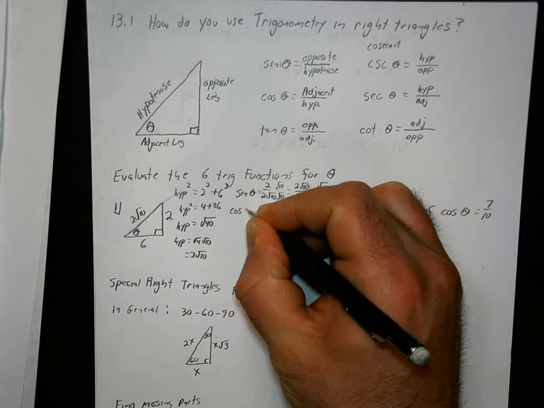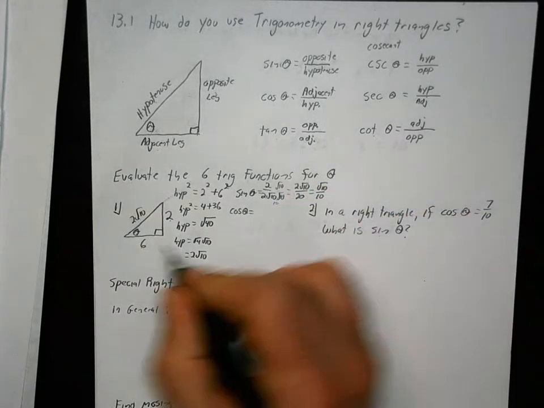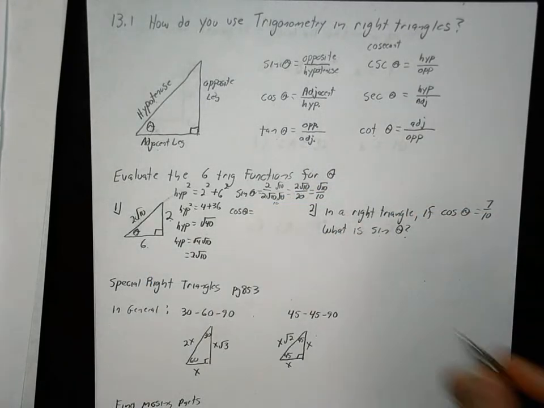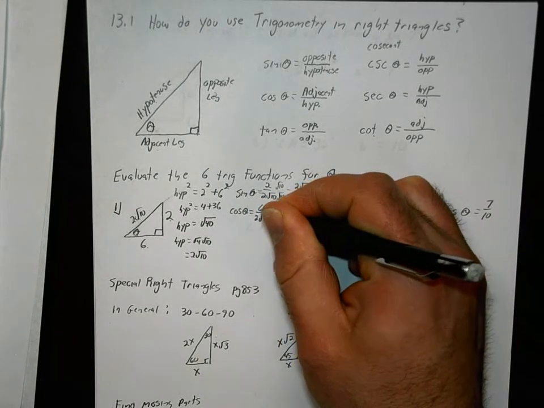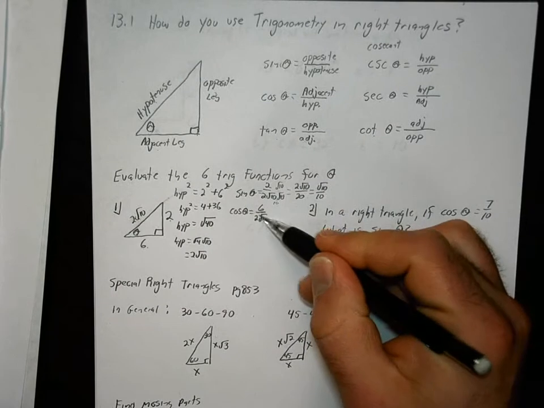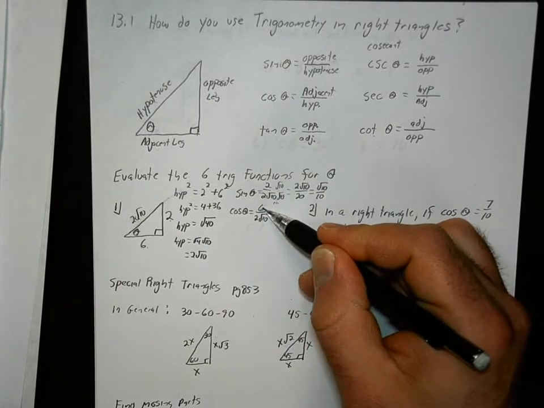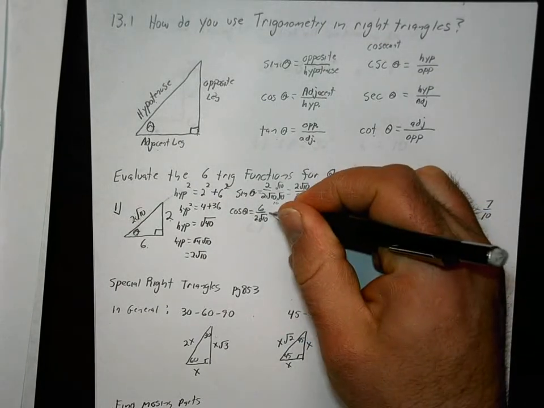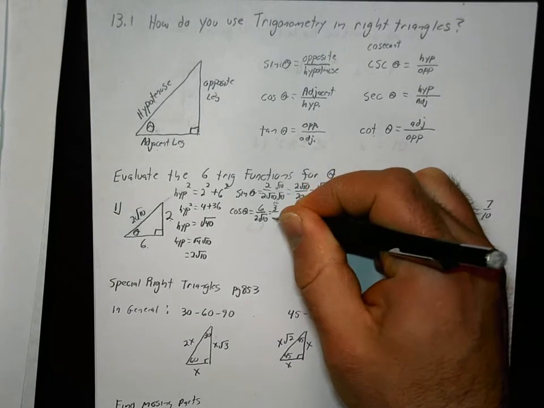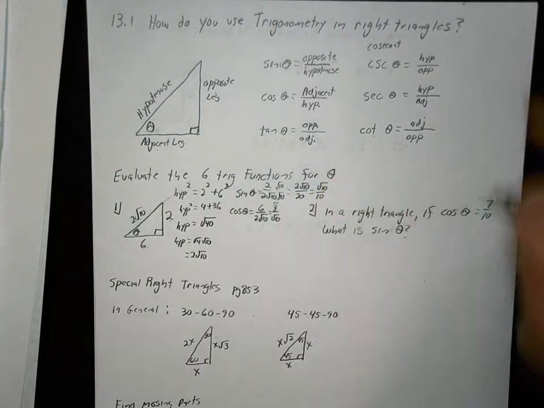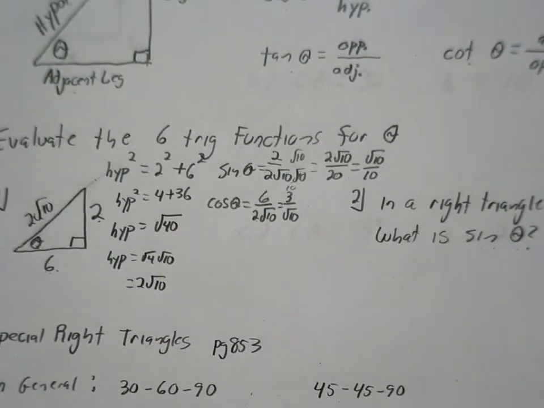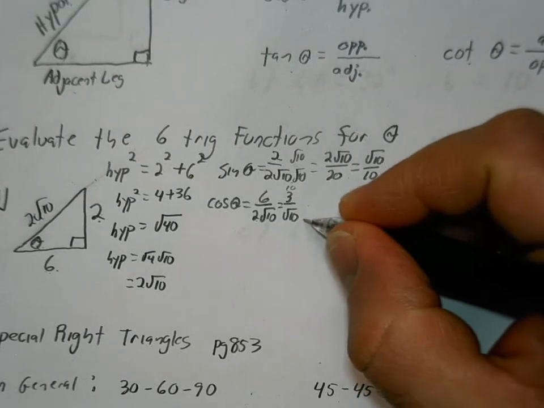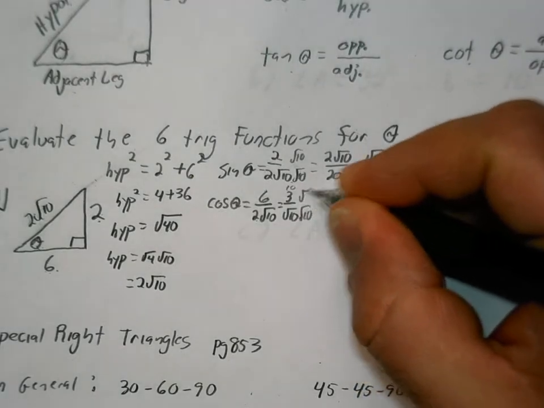Cosine theta. Cosine is adjacent over hypotenuse, so it's going to be 6 over 2 square root of 10. Maybe I'll simplify this part down first, so it's going to be 3 over 1 square root of 10. I'm going to zoom in just a little bit and then I can rationalize by multiplying top and bottom by the square root of 10.